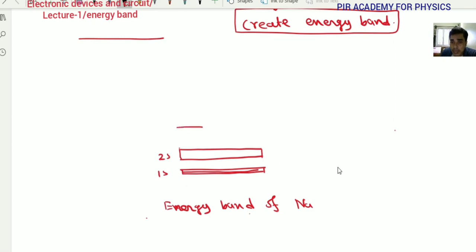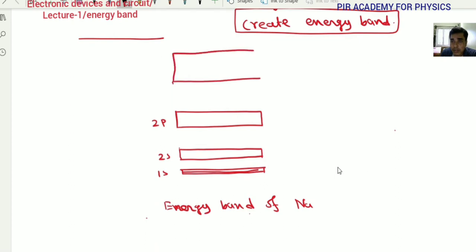Then it is the 2p energy band, and here is suppose the 3s energy level.